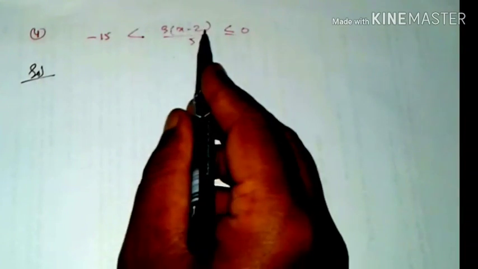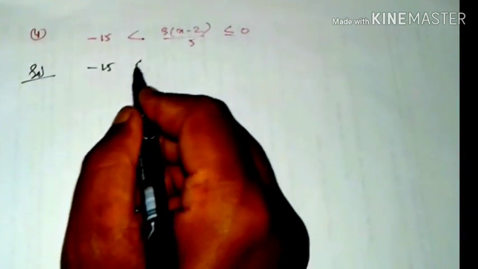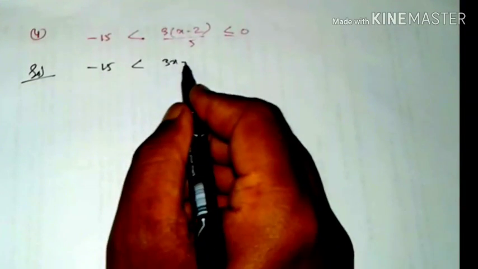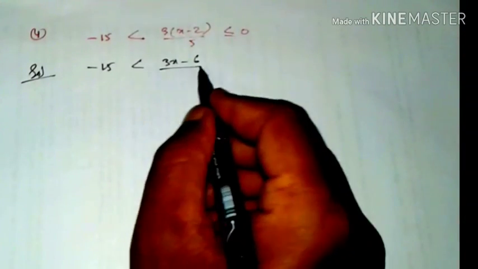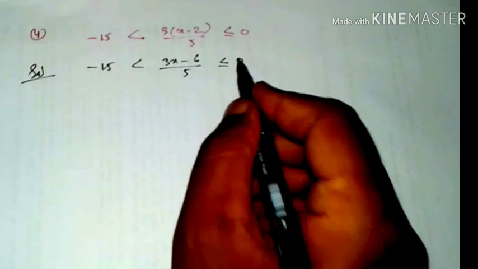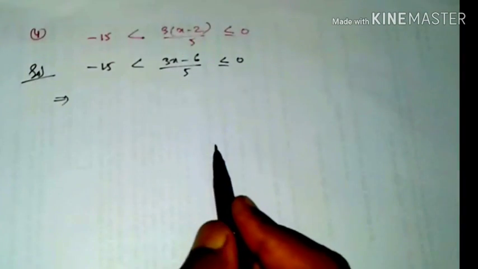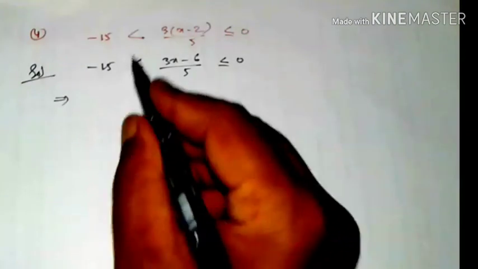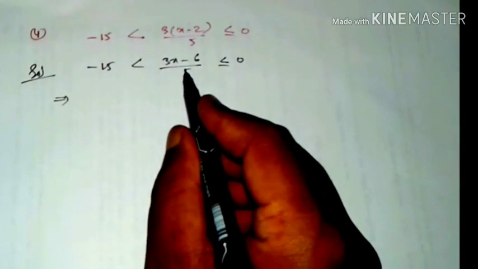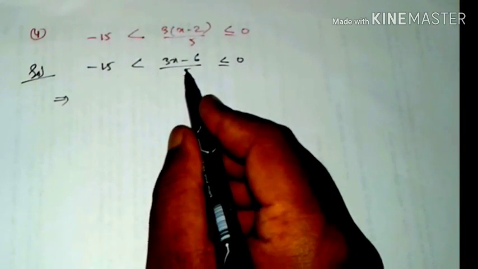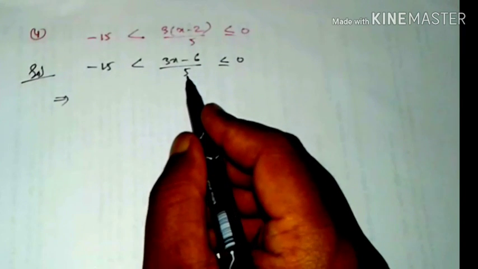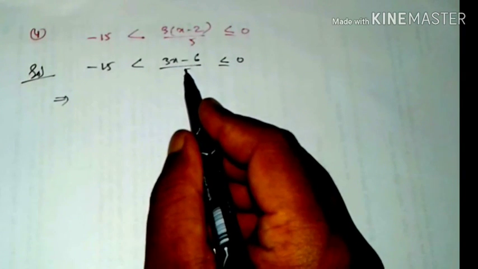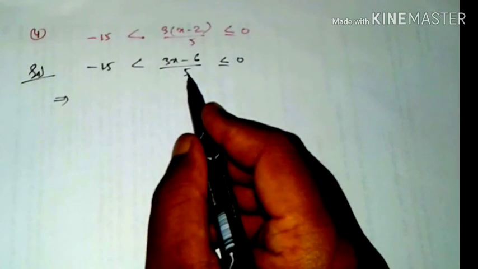At first we multiply this. Minus 15 less than 3x minus 6 divided by 5. Now we have to multiply all sides by 5 to remove this, because 3x minus 6 is divided by 5.